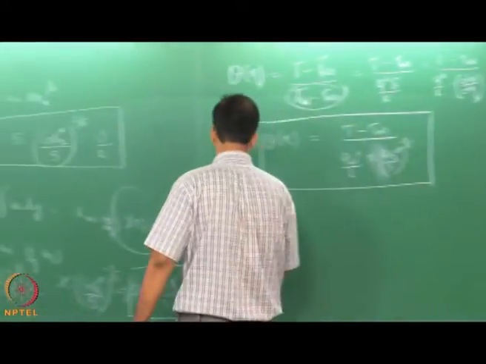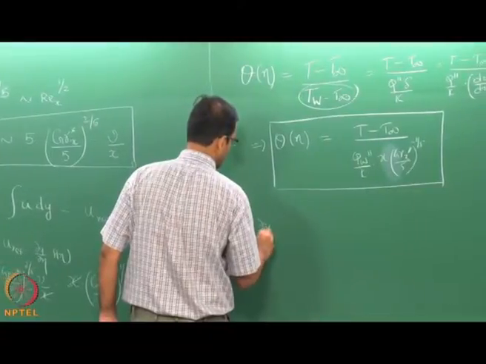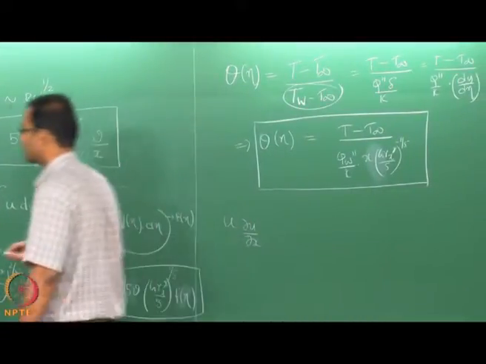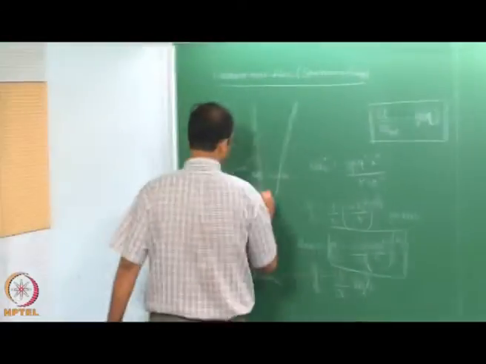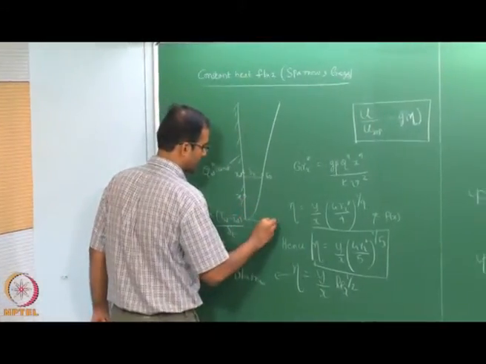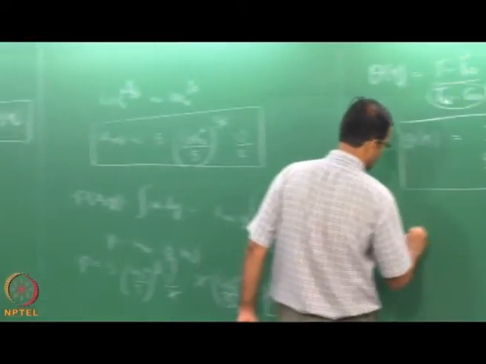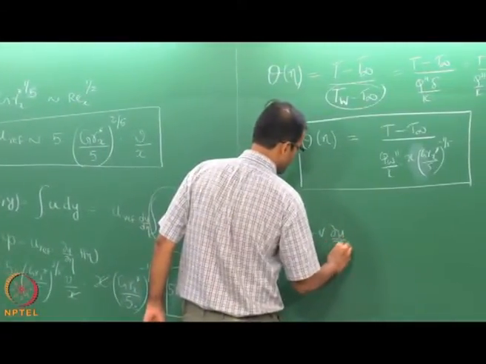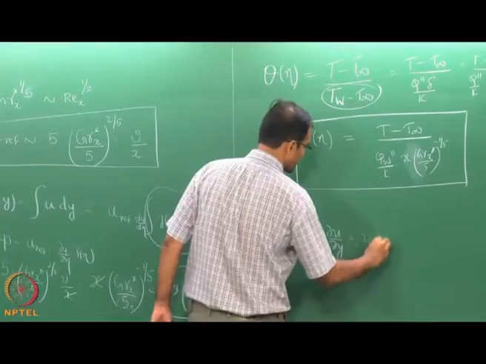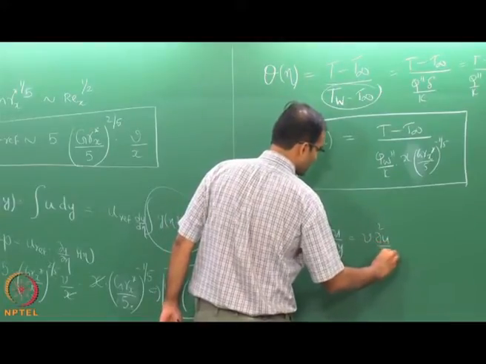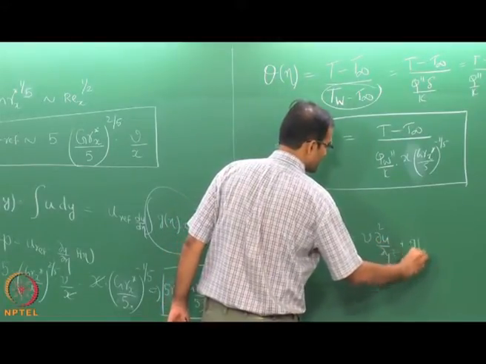So, you have u du by dx. Remember the coordinate, x is along the plate length and y is perpendicular to that, plus v du by dy is equal to nu d square u by dy square plus g beta into T minus T infinity.